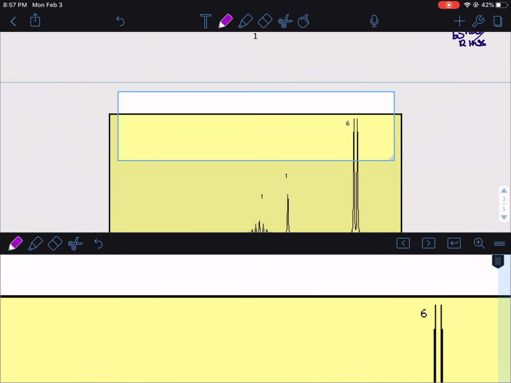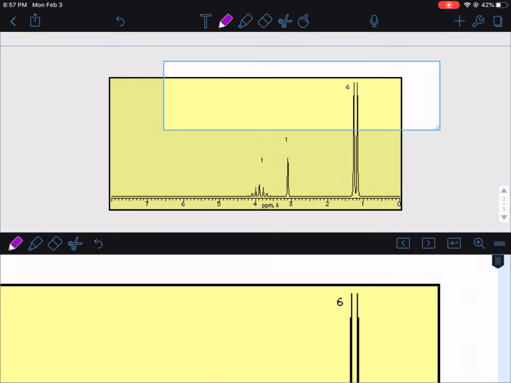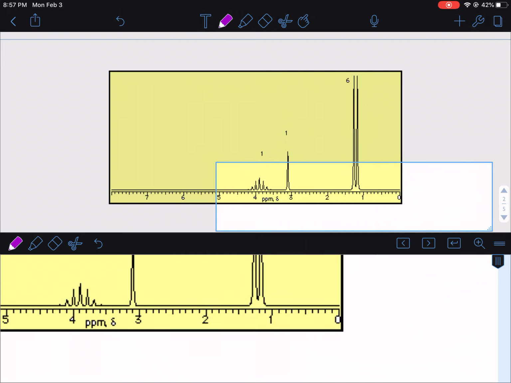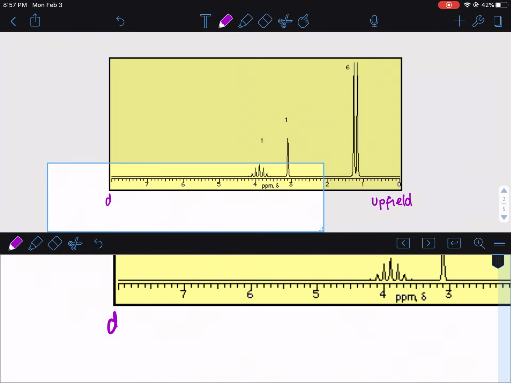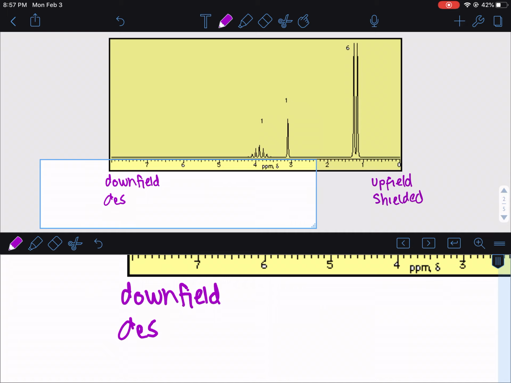Let's go to our proton NMR spectrum. So this side is upfield, and this is downfield. Let's talk about it as shielded and deshielded. This is shielded, and this is deshielded.